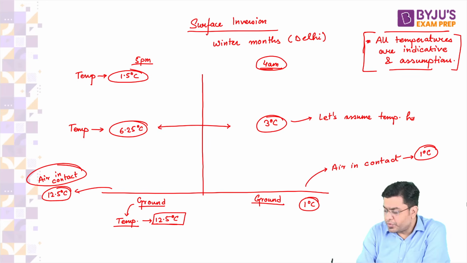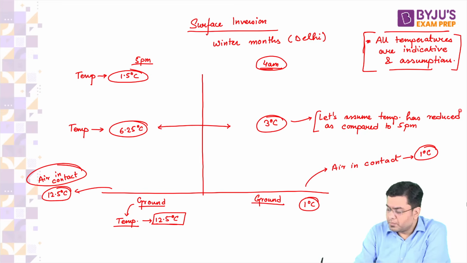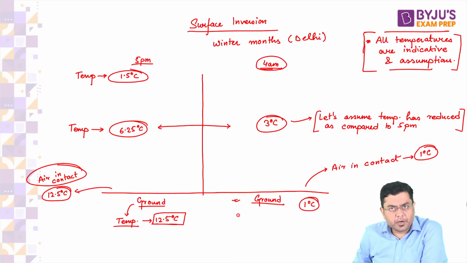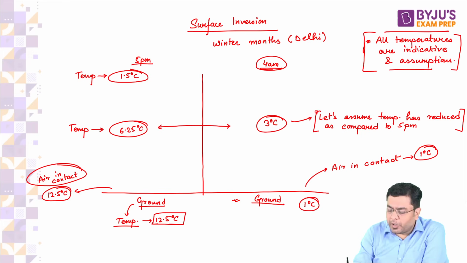Temperature has reduced as compared to 5 p.m. Now, this loss of temperature at this height has got nothing to do with the ground here. Why? Because it is not in contact with the ground. So this is independent of ground temperature.